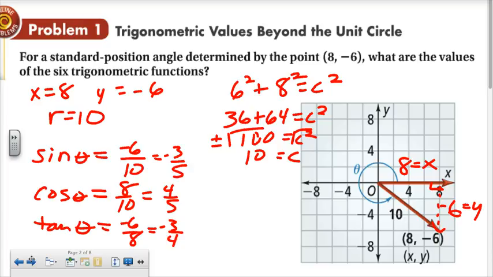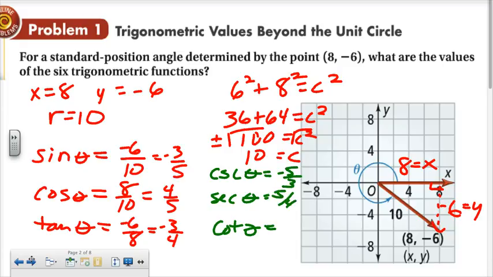And now, really easy to get cosecant of theta, secant of theta and cotangent of theta, because all we have to do is flip, take the reciprocal of sine, cosine, and tangent in that order. So negative 5/3 for cosecant, 5/4 for secant, and negative 4/3 for cotangent.